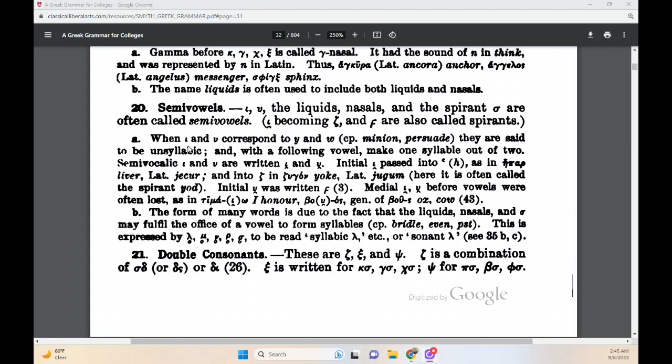When the vowels iota and upsilon, the sound they make in a certain syllable or word, correspond to the English letters Y and W. And they give examples that aren't very helpful because they don't include a Y or a W. So an example of a consonantal iota being like the English Y would be like the English word yes. That y sound is produced by this vowel coming before another vowel.